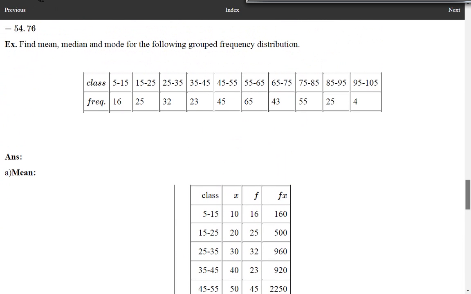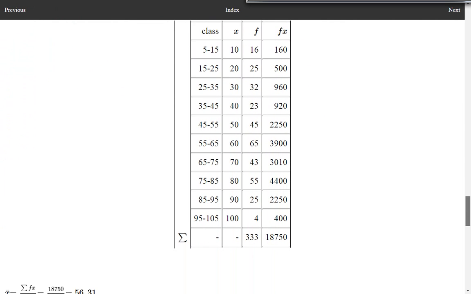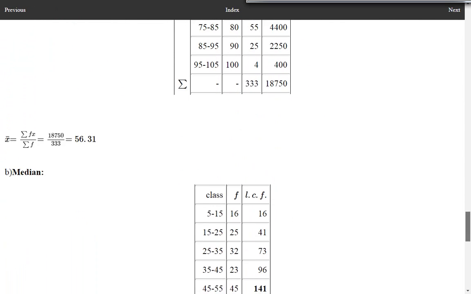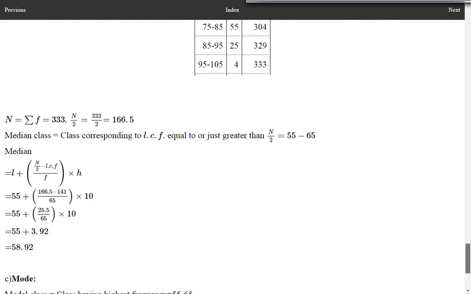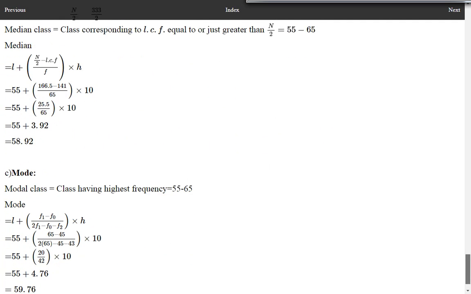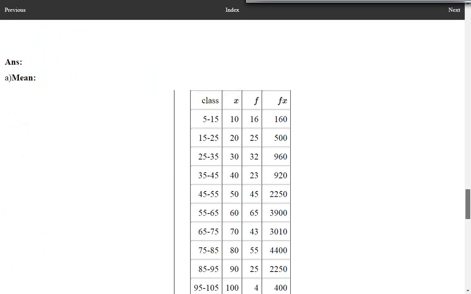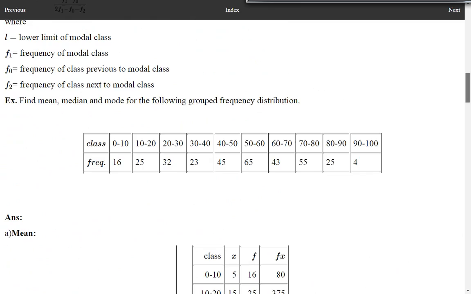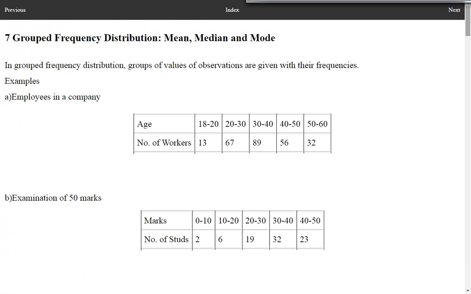So you try to solve this example on your own. Then verify the answers with the answers which I have provided. I have given you detailed lecture notes and in the lecture notes you can verify all these values, mean, median and mode. So in this lecture we have studied how to find mean, median and mode of a group frequency distribution. Thank you.